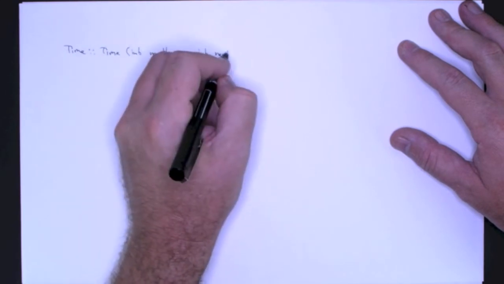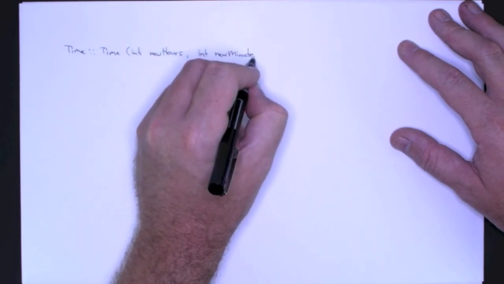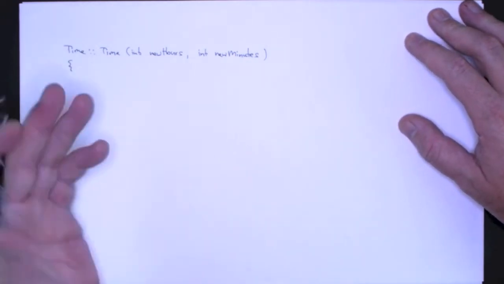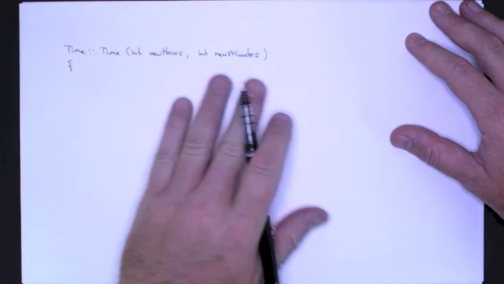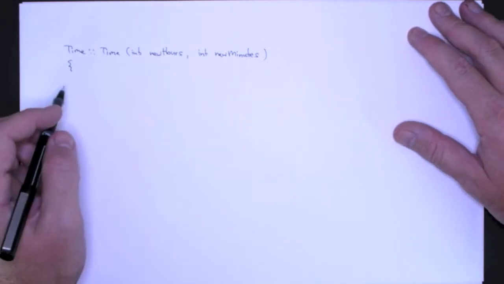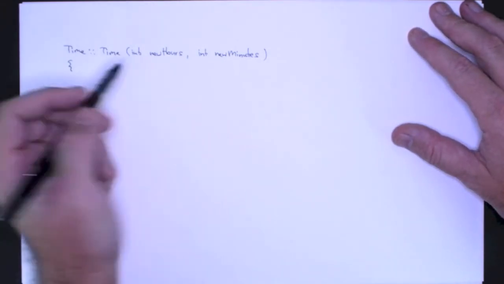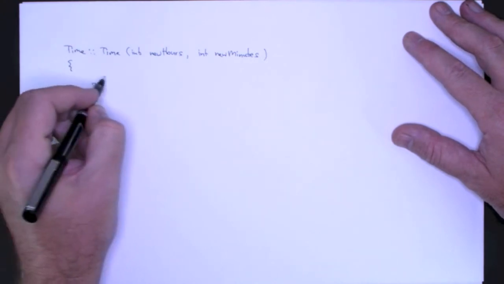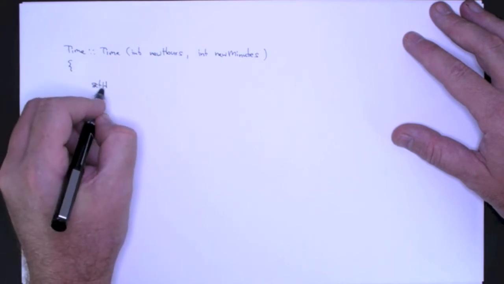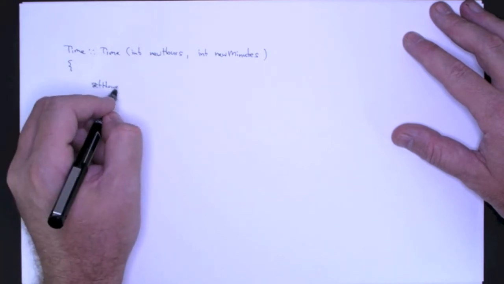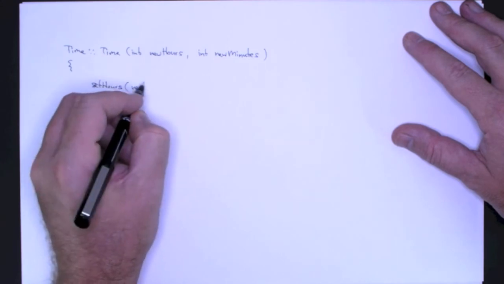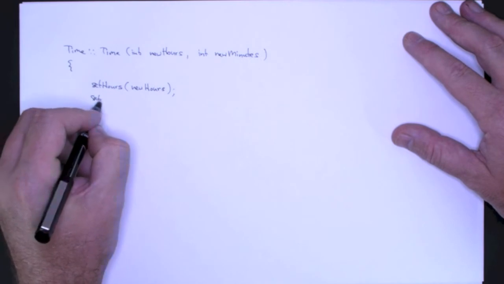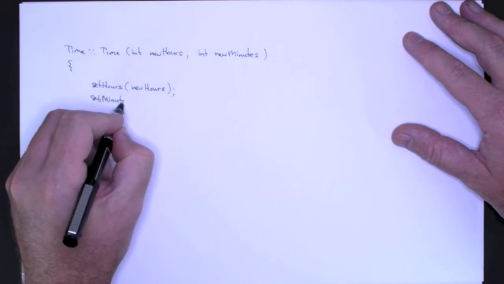And there's a subtlety here. We wouldn't have to worry about this if we were throwing exceptions, but because we're failing silently, there's something that we have to do. I want to make sure I perform the integrity checks. So I'm going to pass new hours to the appropriate set method, and I'm going to do the same thing for minutes.